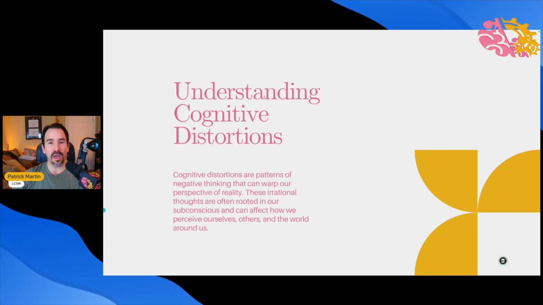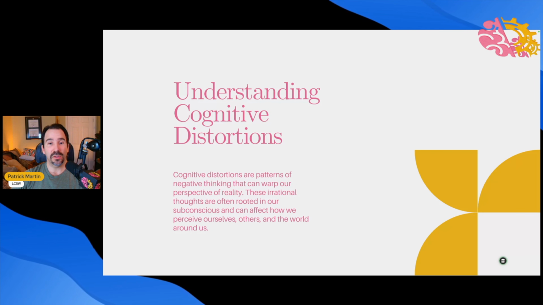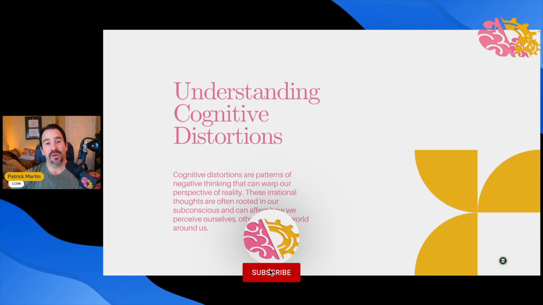So understanding cognitive distortions, we already kind of touched on it. They're patterns of negative thinking, patterns because they're repetitive. They'll come up over and over and over again. And these irrational thoughts are often rooted in our subconscious and can have an effect on how we perceive ourselves, others, and the world around us. So that's called a schema.